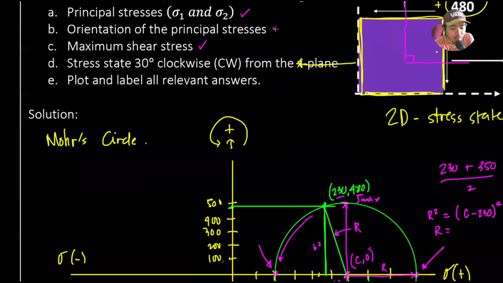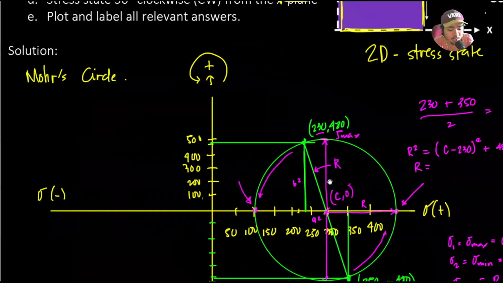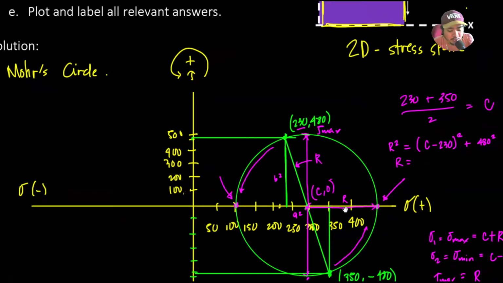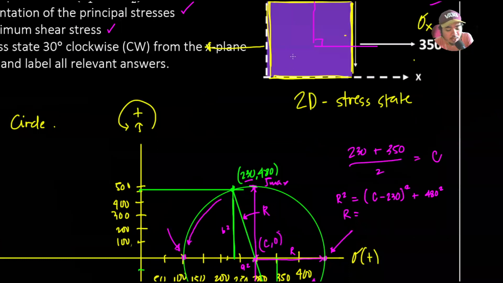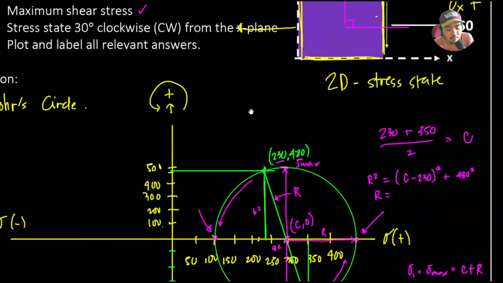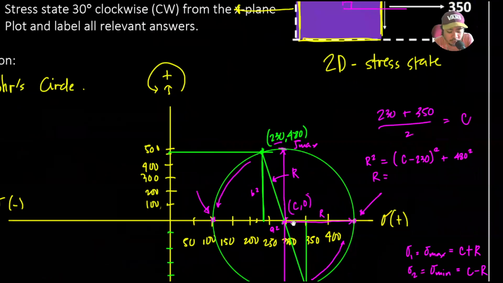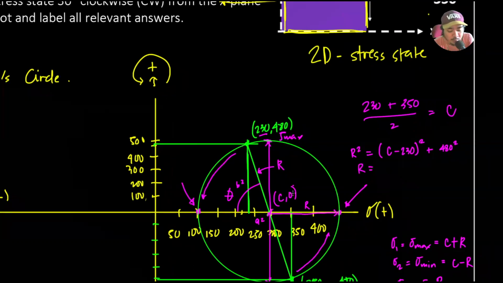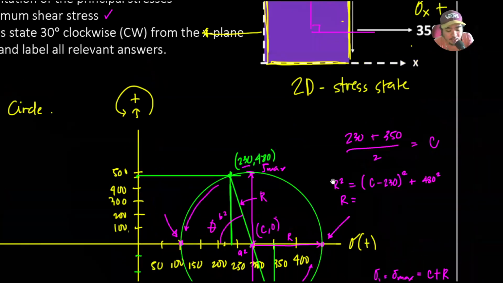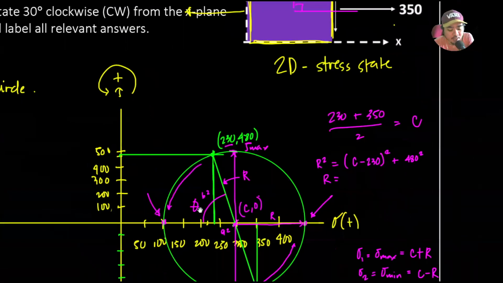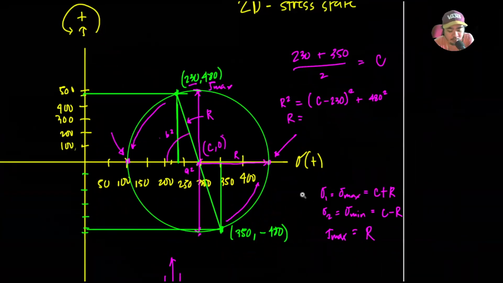Then the orientation of the principal stress is how many degrees you need to rotate. If you look at this, to reach this principal stress, you need to rotate by this amount. This is that theta. But remember that every degree of movement here is actually 2 degrees of movement here, so you still need to divide by 2. Can we solve this angle through geometry?